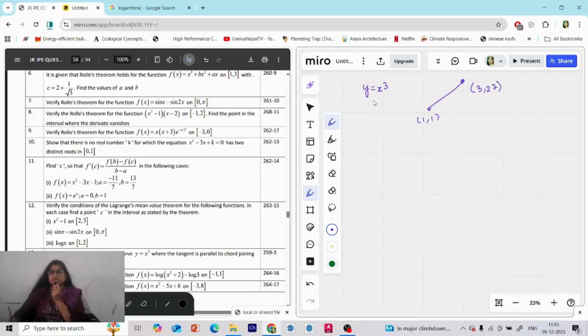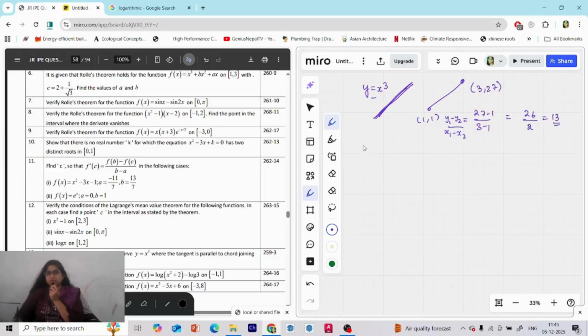Okay, he's saying this tangent is parallel to this line, so it must have the same slope. So what is the slope of this line? Let's see, 27 minus 1 by 3 minus 1. Why are we doing this? Because it is y1 minus y2 by x1 minus x2, or vice versa. So that is 26 by 2, which is equal to 13.